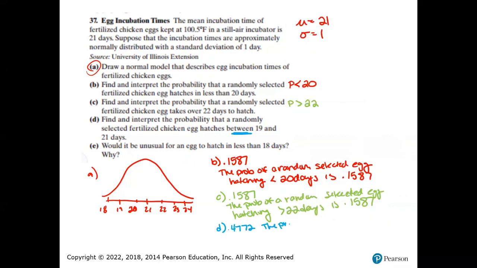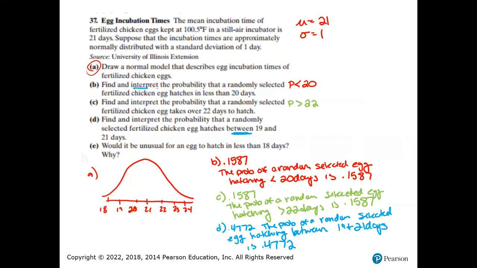So the probability of a randomly selected egg hatching between 19 and 21 days is 0.477. Okay, and I always use the interpretation based off of the questioning.